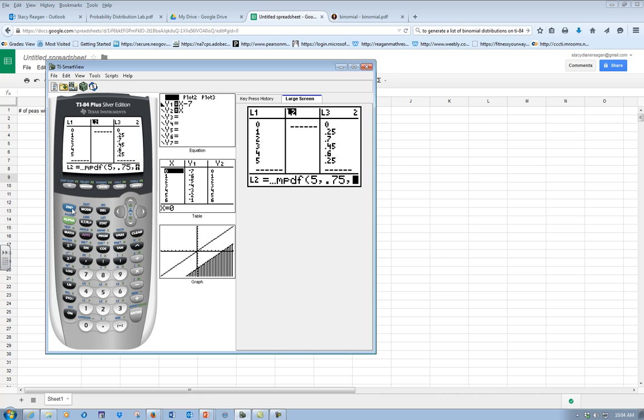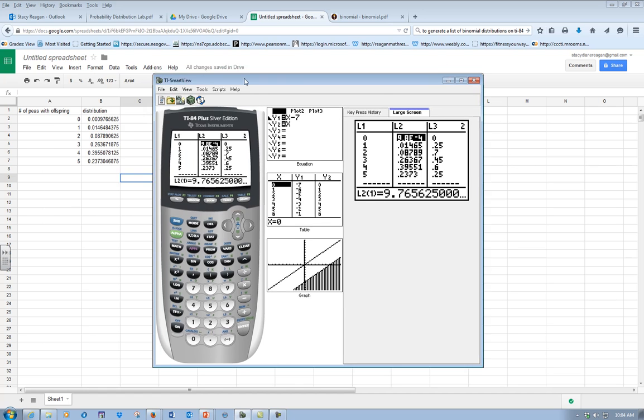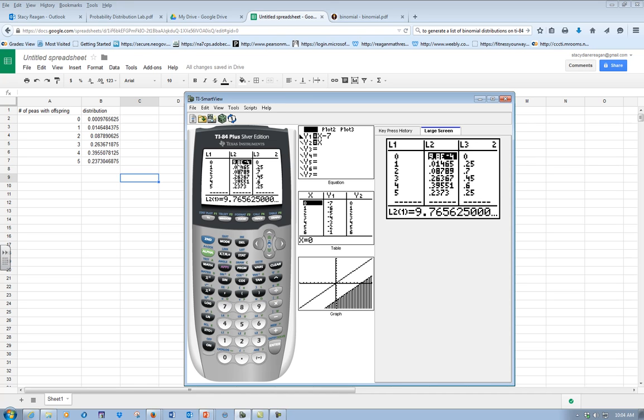So second, number 1 puts L1 there. I'm going to close my parentheses and hit enter. And if you notice, you've got the same list. Let me move it out of the way so you can see it. It says 9.8 E to the negative 4. Well, that means move your decimal 4 places to the left. It's the same number that you see there. 0.01465, same number you see here. So it is the same list that we generated in Google.